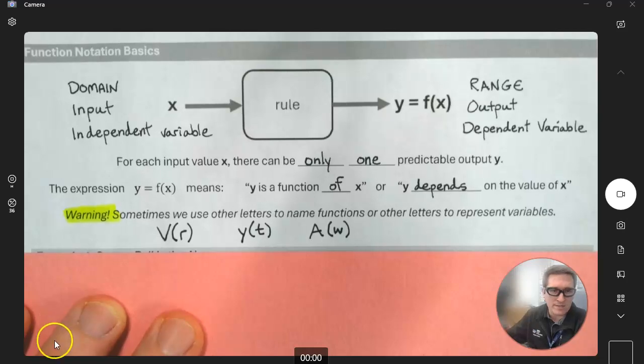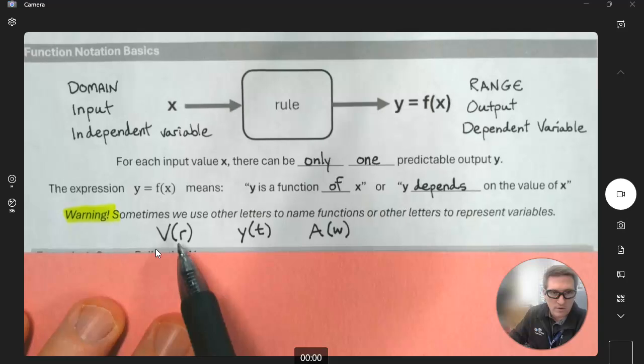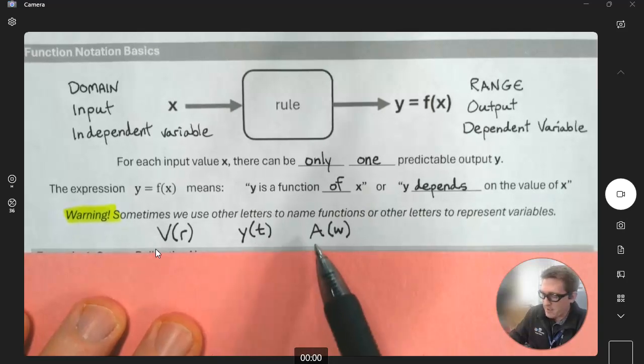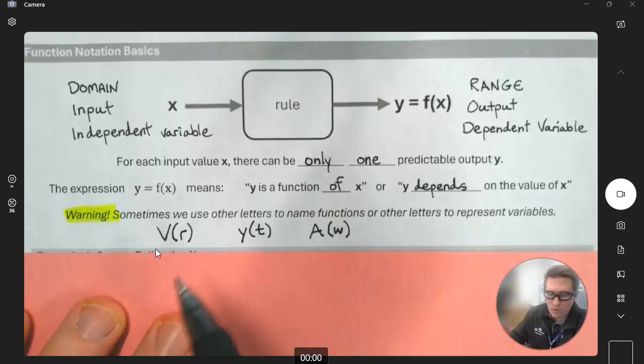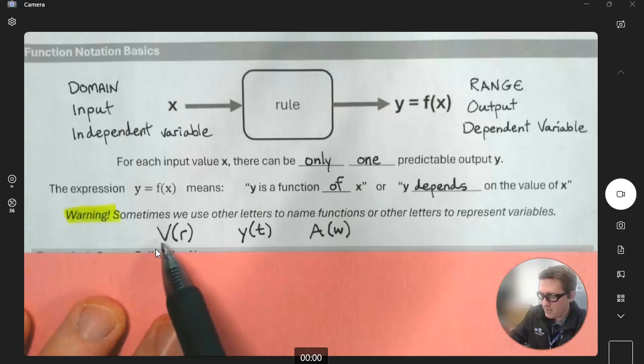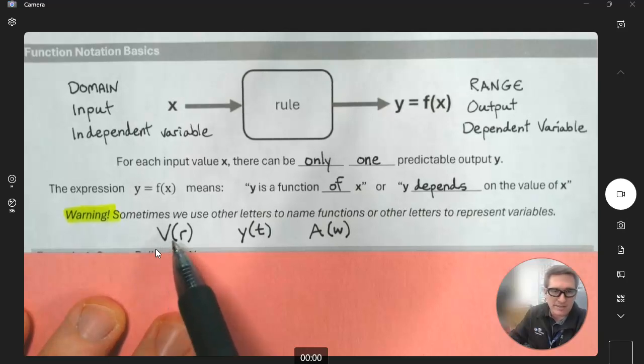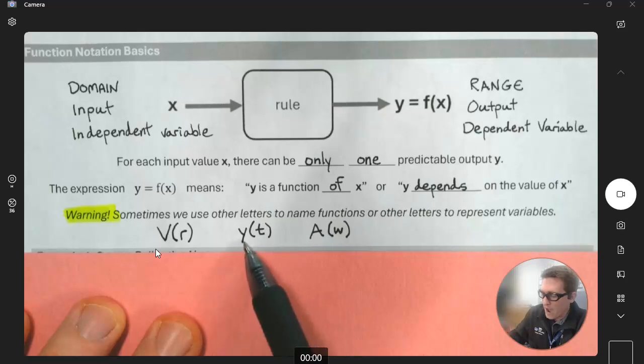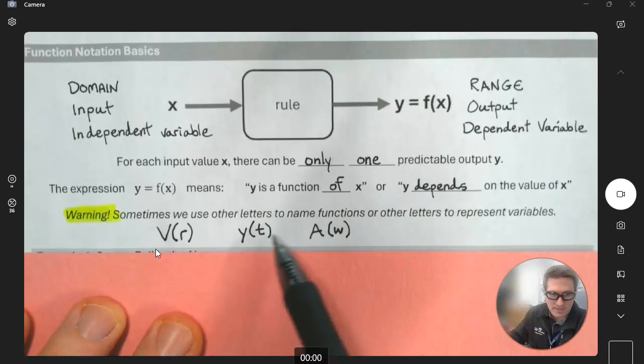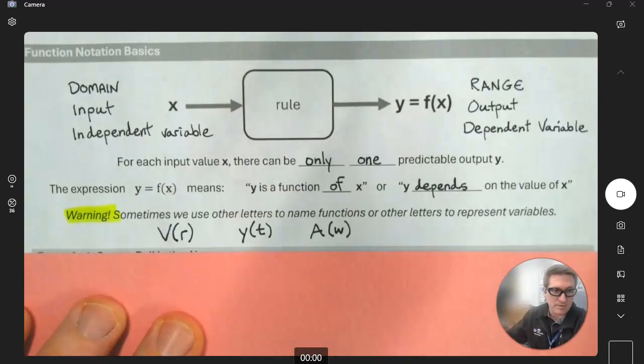There are many ways to name functions, and when you read these, you would say v of r, y of t, a of w, or more importantly, you could also say v is a function that depends on r, y is a function that depends on t, and a is a function that depends on width.